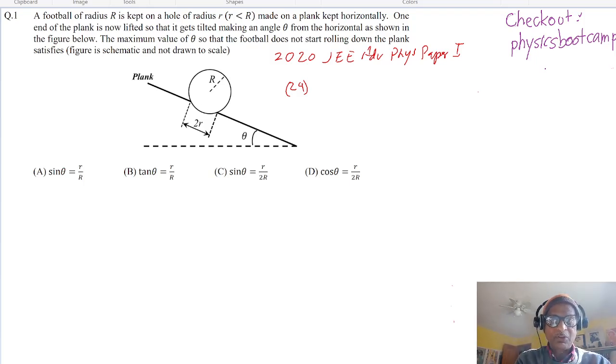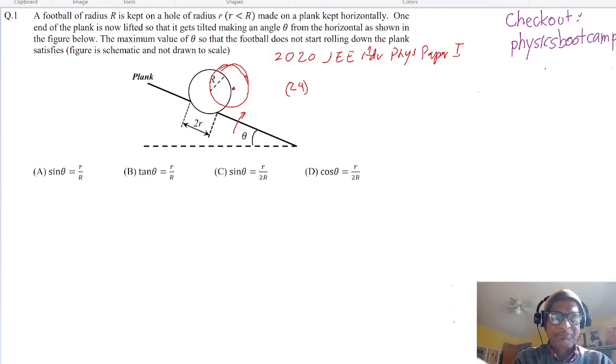The ball is not rolling, but if you keep going further, there will come a point where the ball will be, let's see if I can draw over here. Ball will be like that, and its center would be over here.